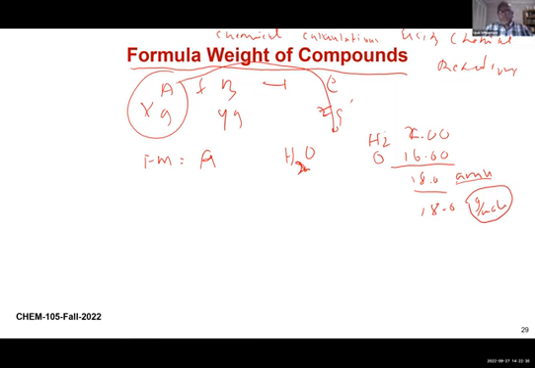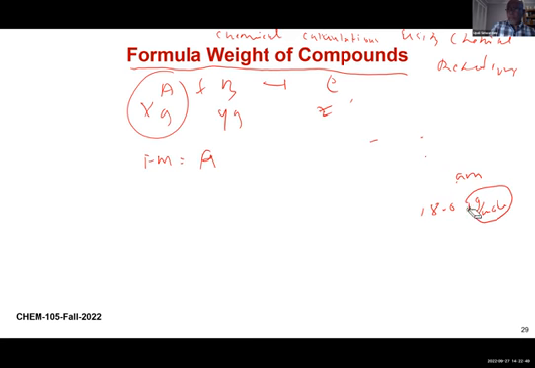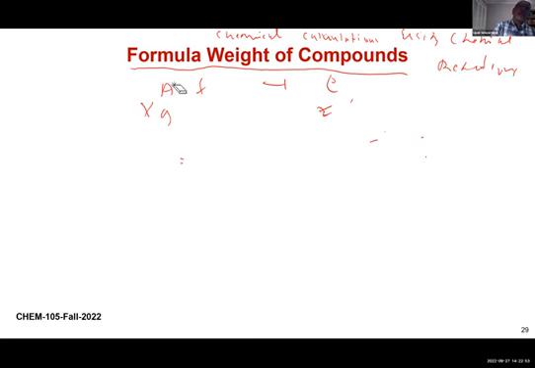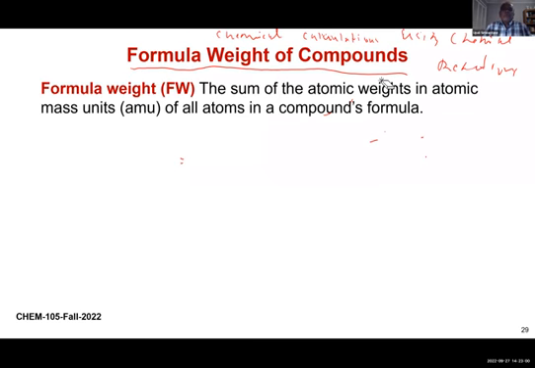So we have to know how to calculate formula weights to do the chemical calculation using a chemical reaction. Formula weight, therefore, is an important first step in chemical calculation.